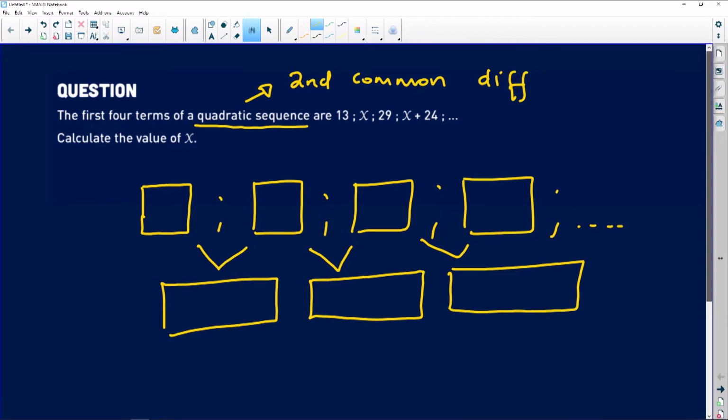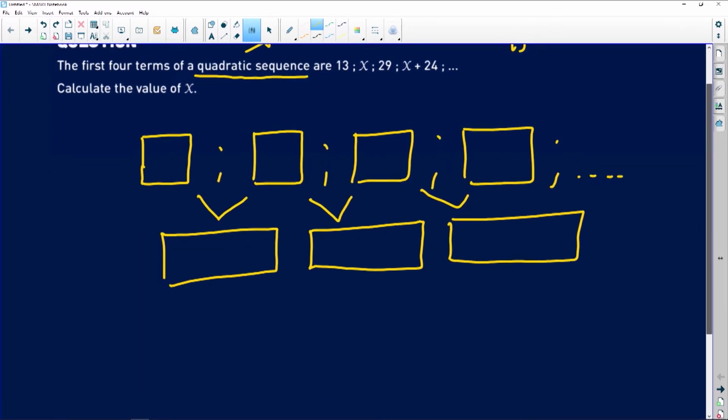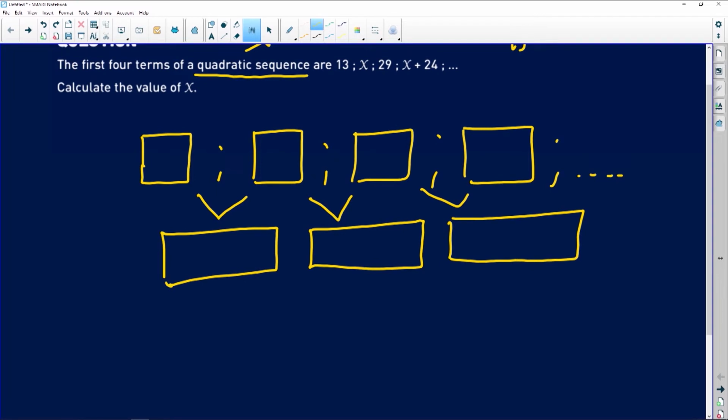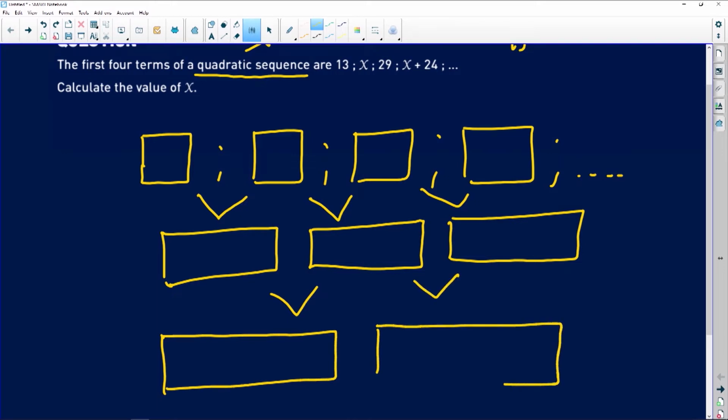But the beauty about a quadratic pattern emerges in this following line, in the sense that the second difference, the last part there, whatever I'm going to get here on the third step, which is the second time that I'm trying to find the difference between subsequent terms, this part has to be always the same. This is what is unique about a quadratic pattern. This is what makes a particular pattern to be quadratic.